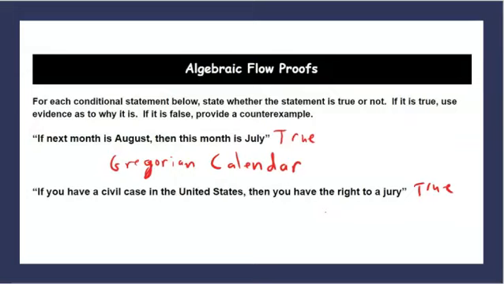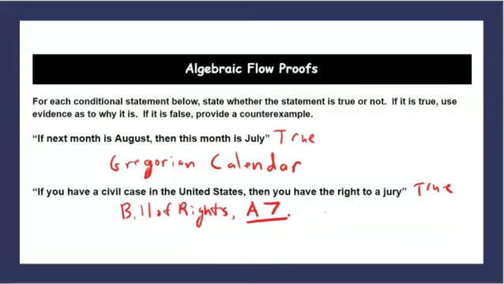For the second one, if you have a civil case in the United States, then you have the right to a jury. If you're in civics class, you may already have this answer before I write it down, but this is because of the Bill of Rights, specifically Amendment 7.